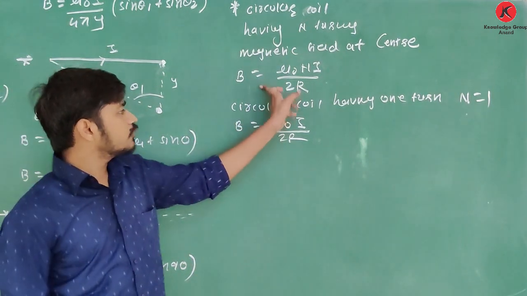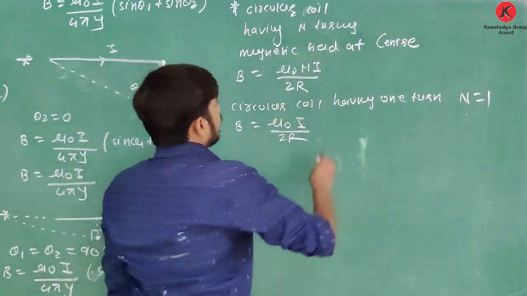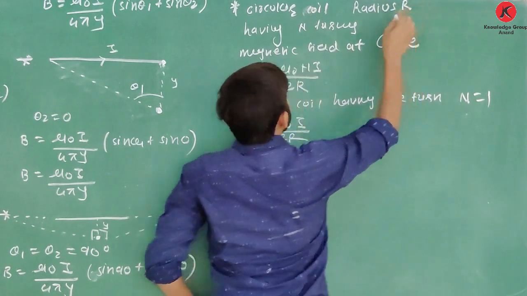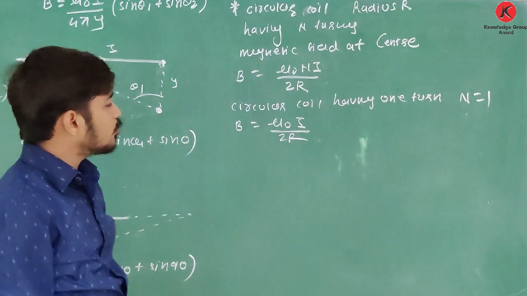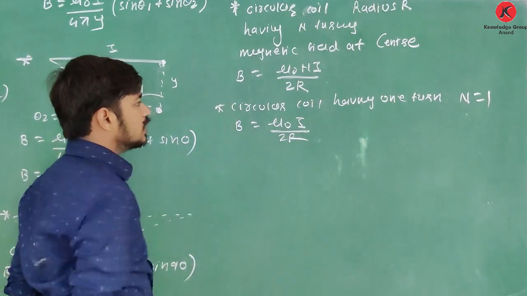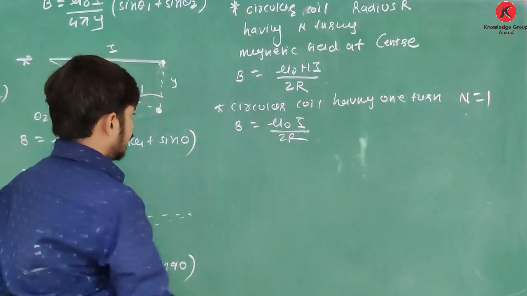Yes, this equation we have proved. Circular coil, radius capital R, having n turns, the magnetic field at center is equal to mu 0 N I upon 2r. Circular coil having one turn, n is equal to 1, B is equal to mu 0 I upon 2r.